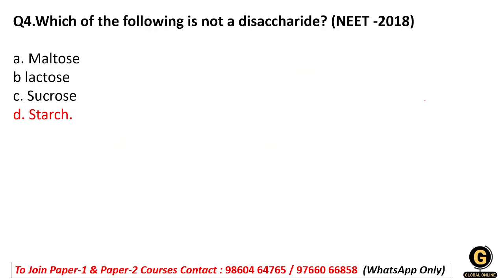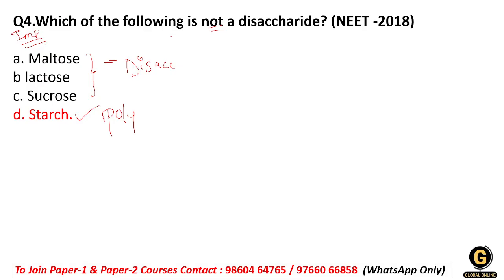Moving forward to the next question, which of the following is not a disaccharide? They have asked about not a disaccharide. Okay, so the options given here are maltose, lactose, sucrose and starch. So the correct option is starch because starch is a polysaccharide and the rest are all disaccharides. Yes. So this question is again an important question and quite a tricky question, students.